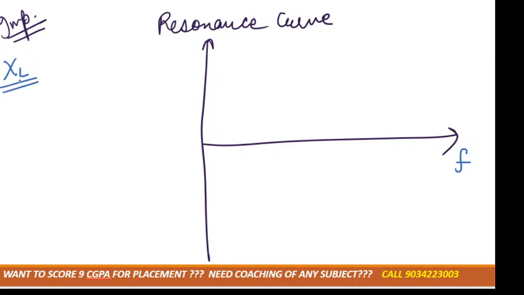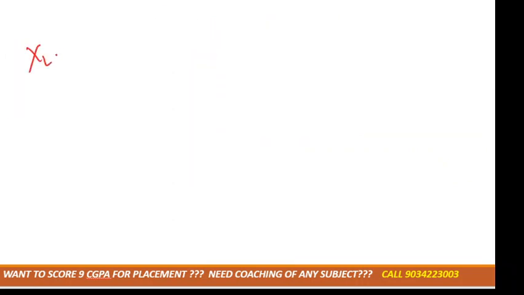As you know, the relationship between XL and frequency is that XL is directly proportional to frequency, yes or no? Because the XL formula is XL is equal to omega L, and XL is equal to 2 pi FL, right? So can we conclude that XL is directly proportional to frequency?